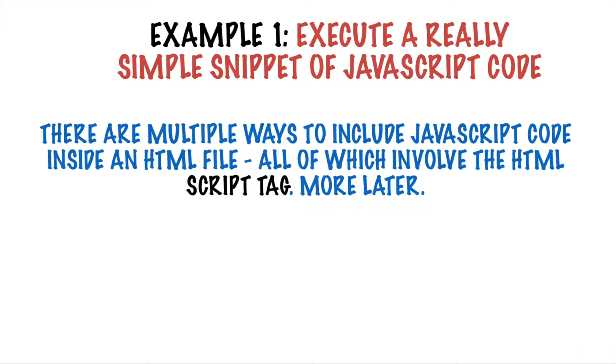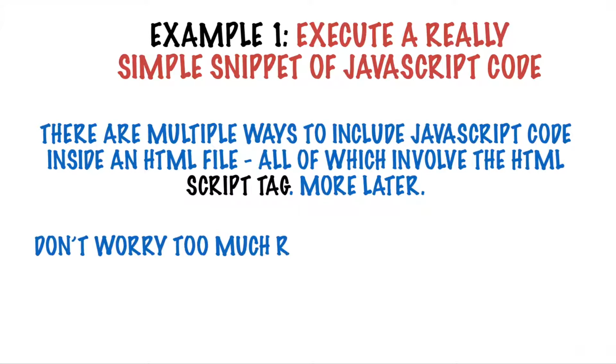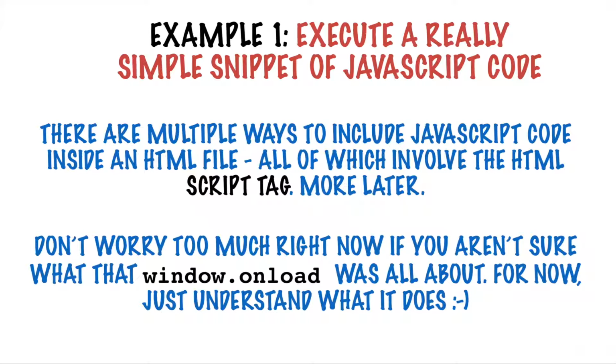We'll talk about this in more detail a little bit later. Now, if you saw the window.onload and didn't really follow what that was all about, don't worry too much about it. Just understand that it basically calls that function after the page has loaded. We'll be talking about this in detail again later on in this course.